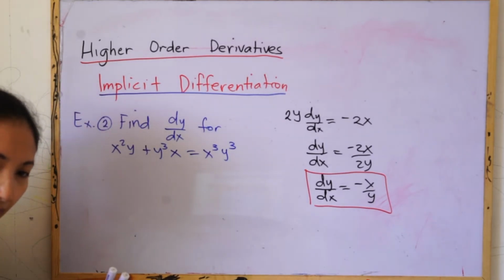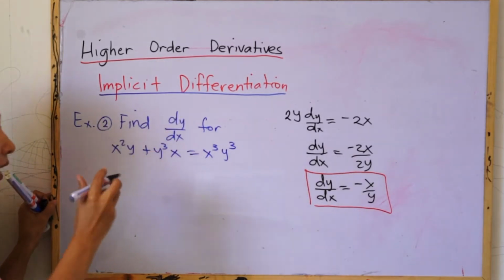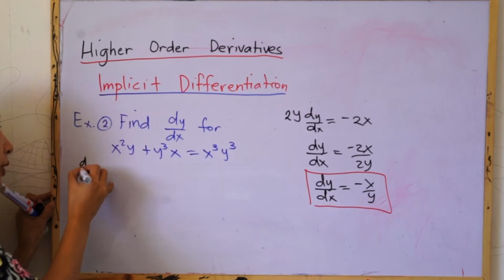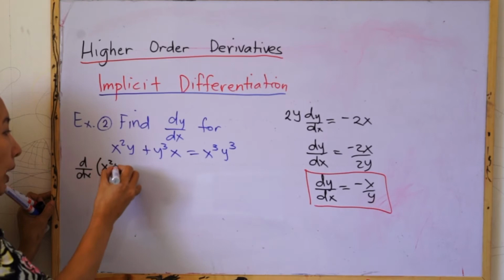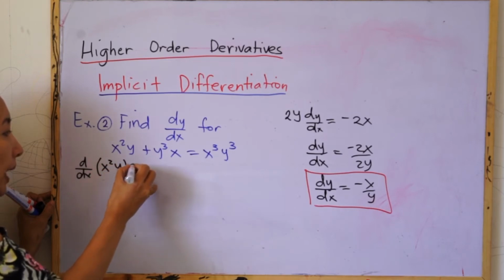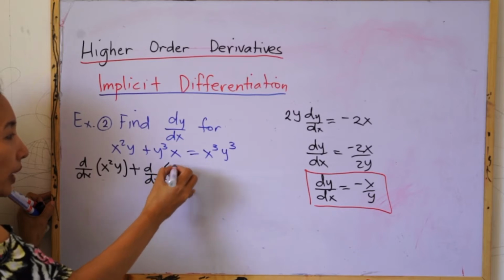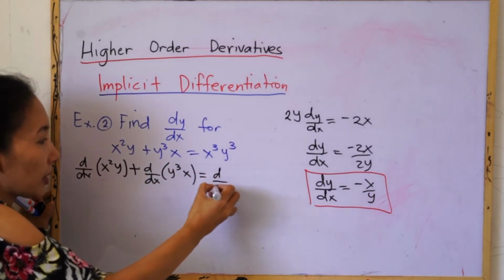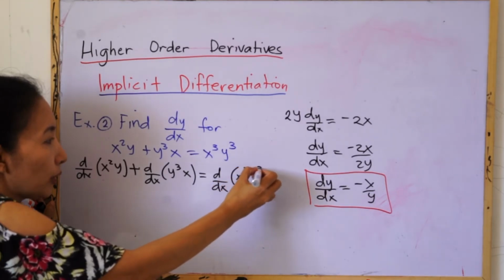So derivative with respect to x of x squared y plus the derivative with respect to x of y cubed x equal to the derivative with respect to x of x cubed y cubed.